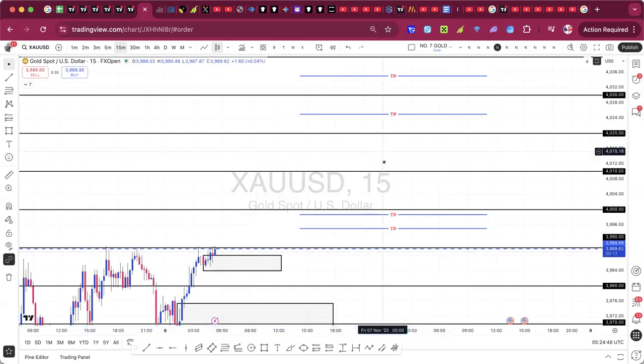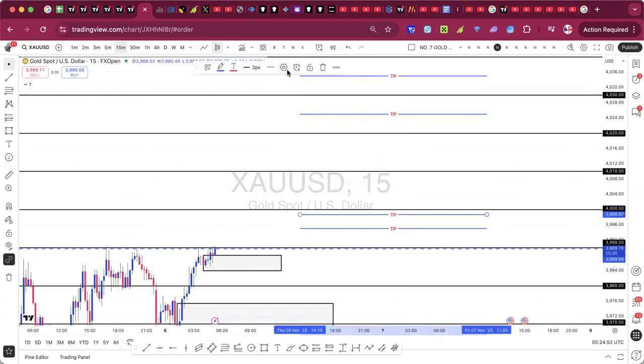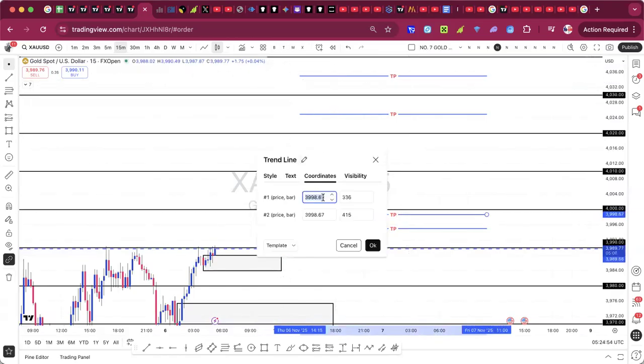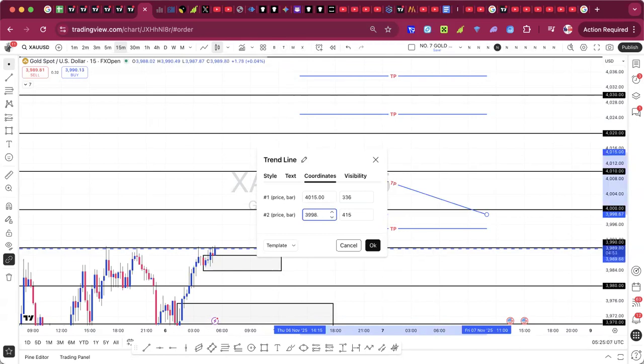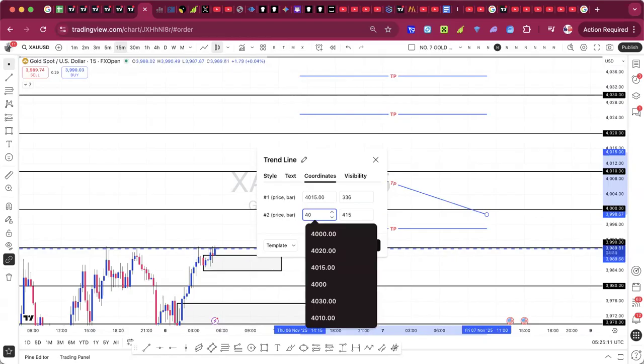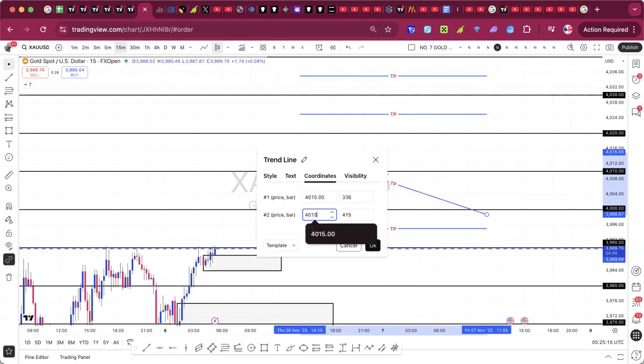I think there's something that just changed on it. Four zero 15.00. 4015.